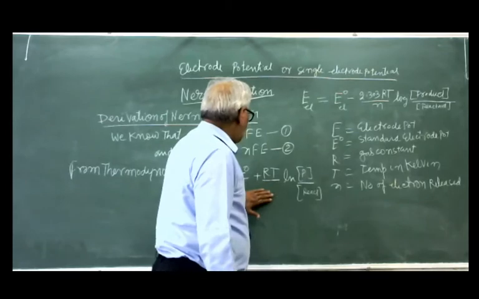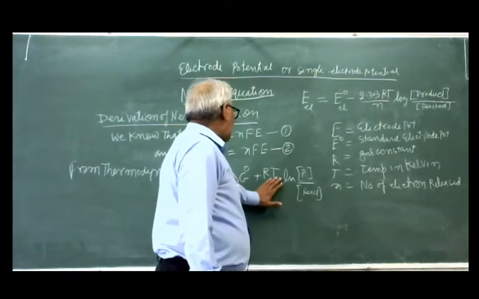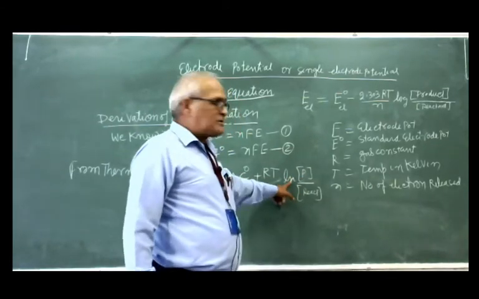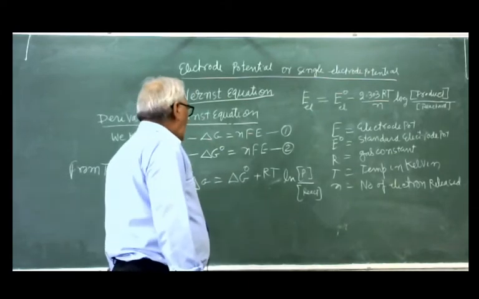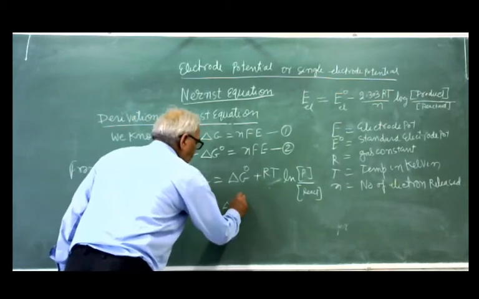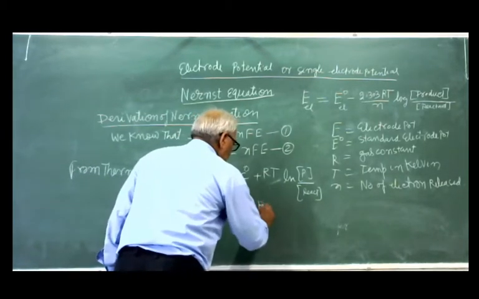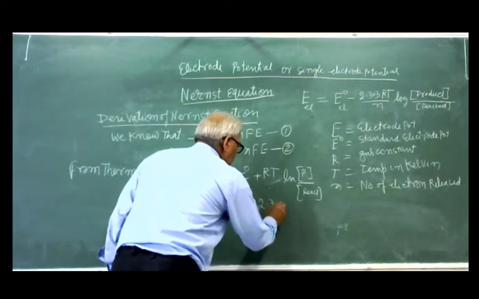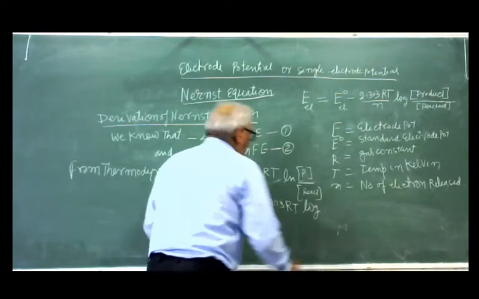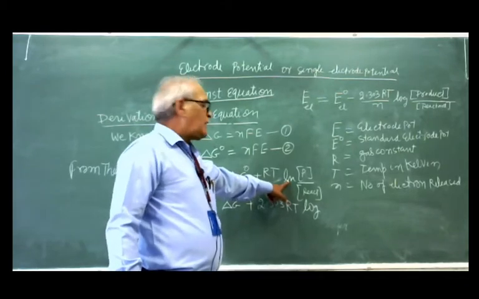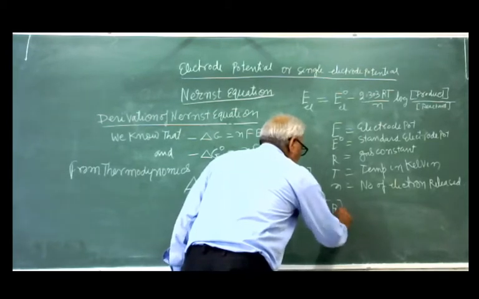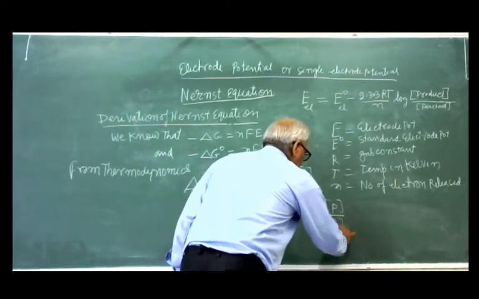Here ln means log to the base e. Now you can write delta G equal to delta G0 plus 2.303 RT log. Now this log to the base e has been changed into log to the base 10, log of concentration of product upon concentration of the reactant.